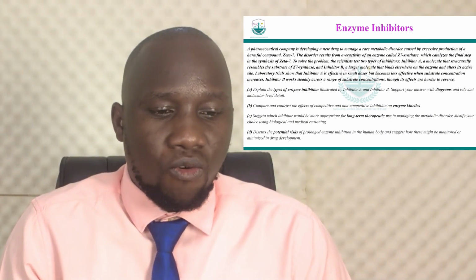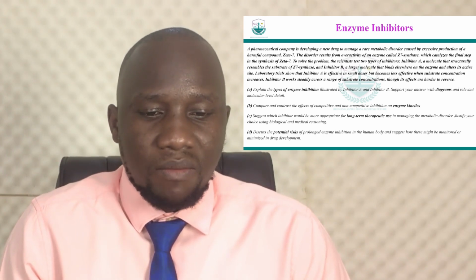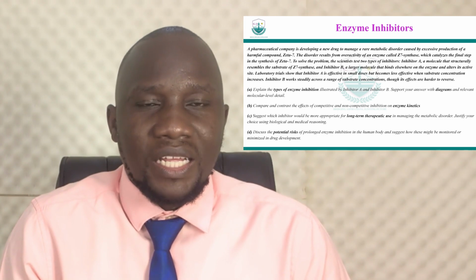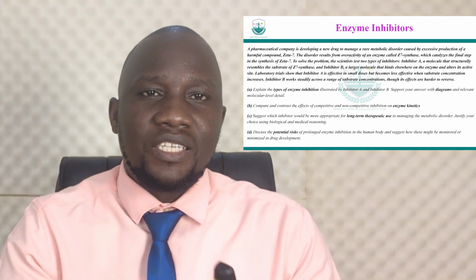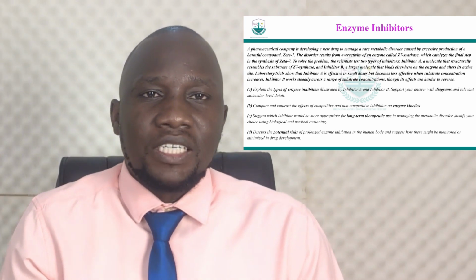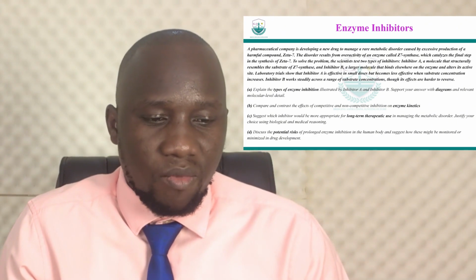Secondly, can you compare the effects of competitive and non-competitive inhibition on enzyme kinetics, issues to do with the rates of enzymatic activity in relation to whether competitive or non-competitive inhibition?